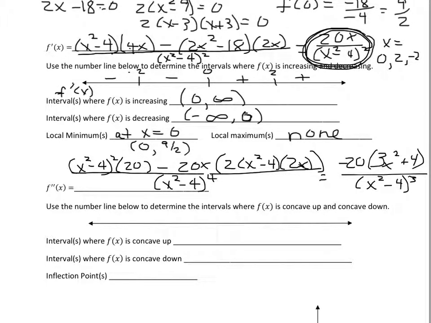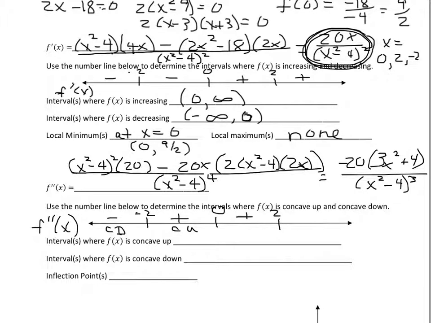When I look at those values, there aren't any new zeros. It's still the same zeros that I had from the first derivative. So I'm still going to have -2, 0, and +2. And when I check the second derivative this time, plugging into that second derivative value, I find out that it's negative, which is concave down, positive in this interval, which is concave up.